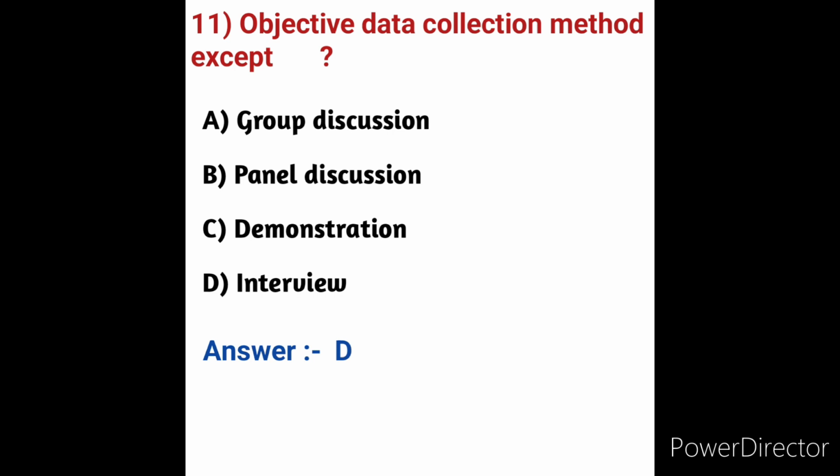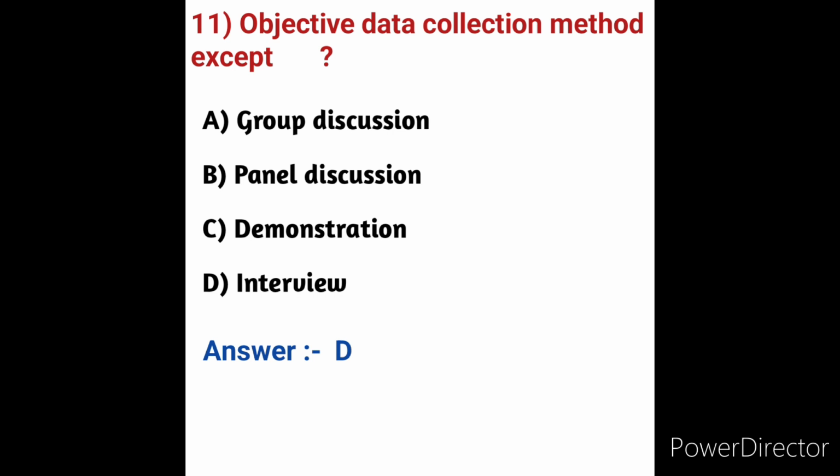Here group discussion, panel discussion and demonstration are methods of objective data. But the exception, the method that is not objective data collection, is interview. Through group discussion, panel discussion and demonstration, these methods act as a very vital tool for collecting data from the patient, providing complete care and also giving a good outcome.